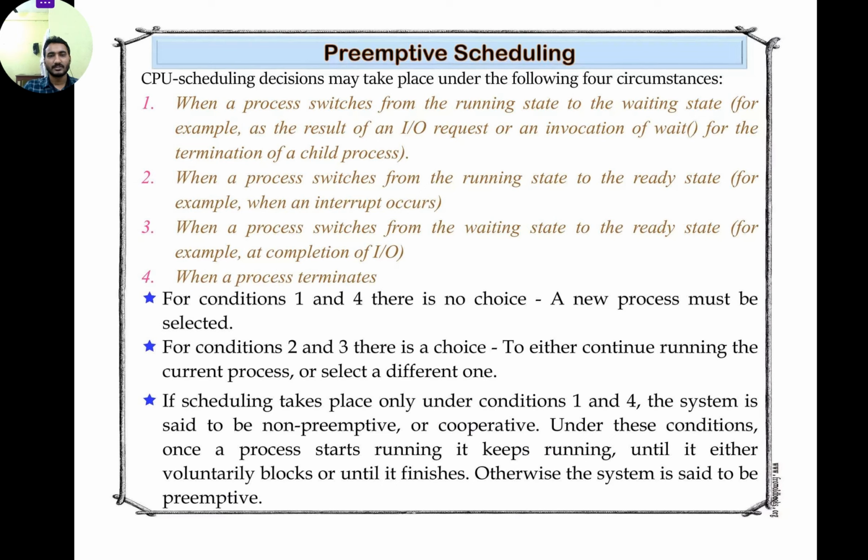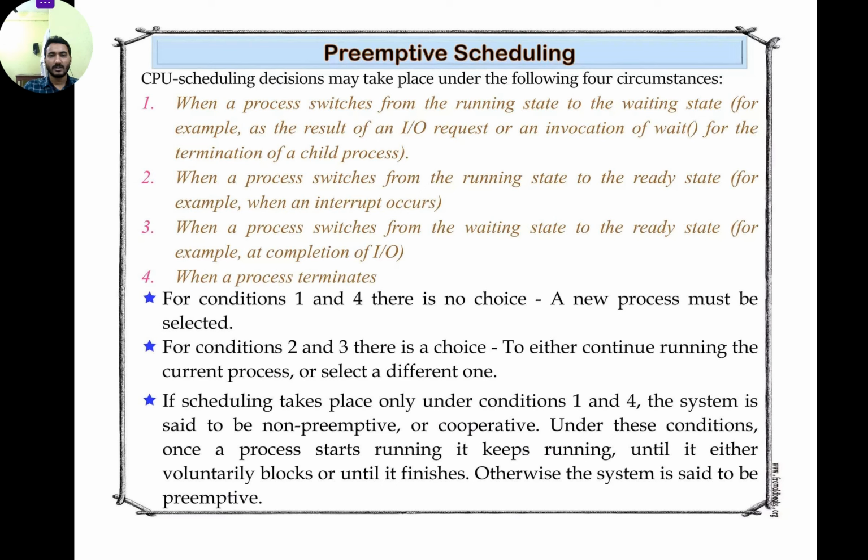Second, when a process switches from the running state to the ready state, for example when an interrupt occurs. Third, when a process switches from the waiting state to the ready state, for example at completion of I/O. And fourth, when a process terminates.